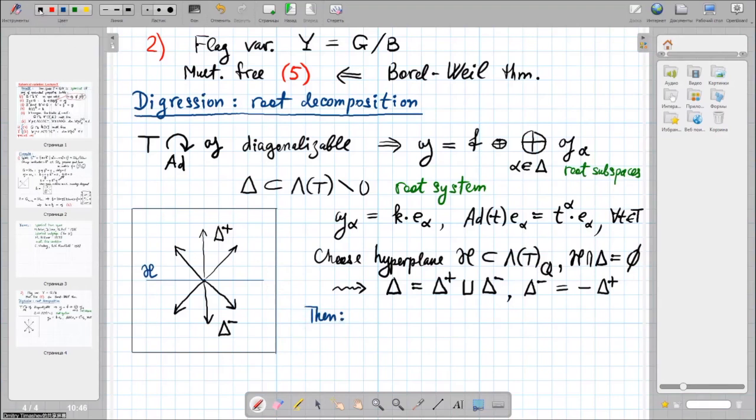So what is the relation with the structure of the reductive group G and its Lie algebra?